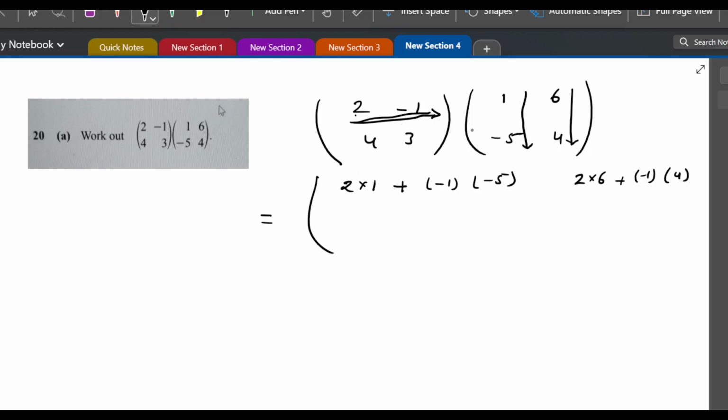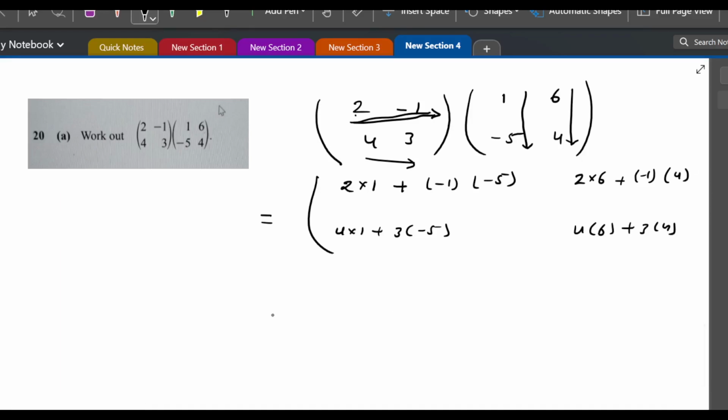So my first row is done. Then in the second row, 4 3, I have to do the same thing. So 4 multiplied by 1 plus 3 multiplied by minus 5, and then the second element will be 4 multiplied by 6 plus 3 multiplied by 4.